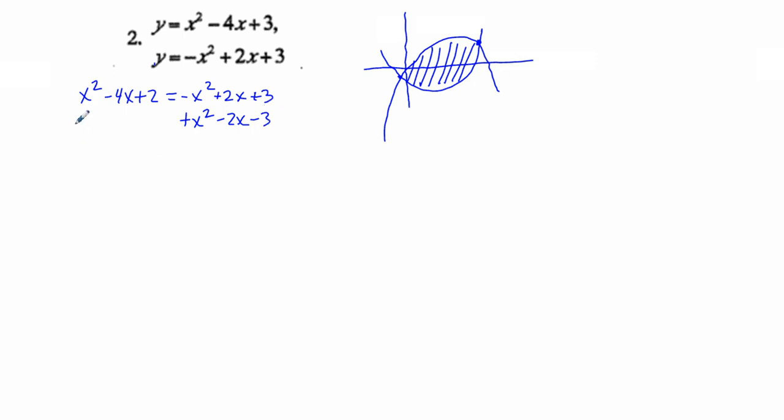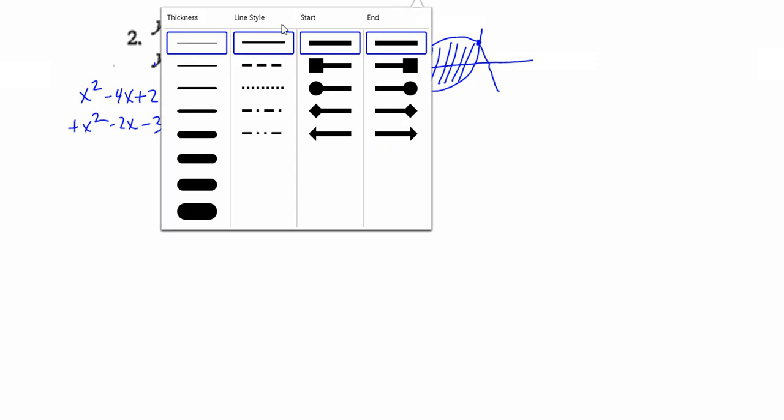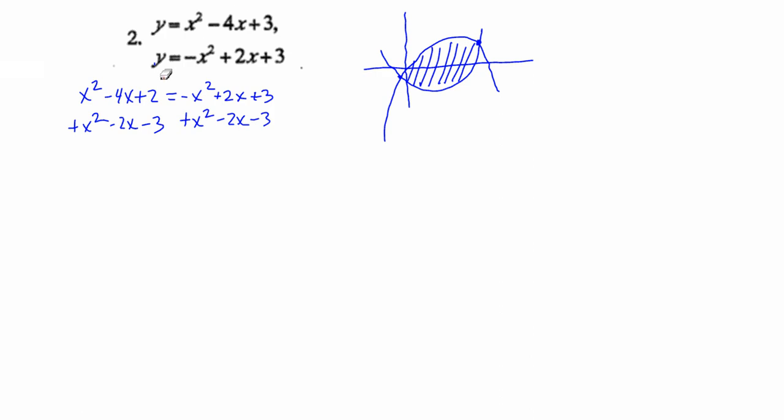And doing the same thing on the left side, we're going to add x squared, subtract 2x, and we are going to subtract 3. Now I notice right off the bat that I made a mistake on this. And it's supposed to be plus 3. Okay, that's plus 3. There we go.